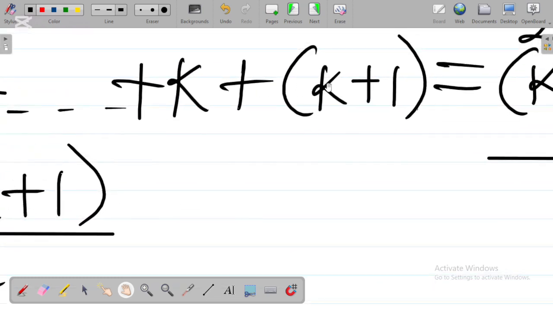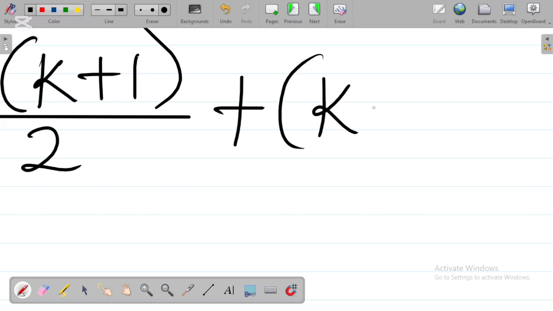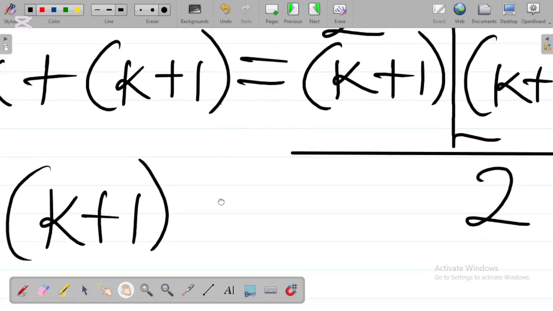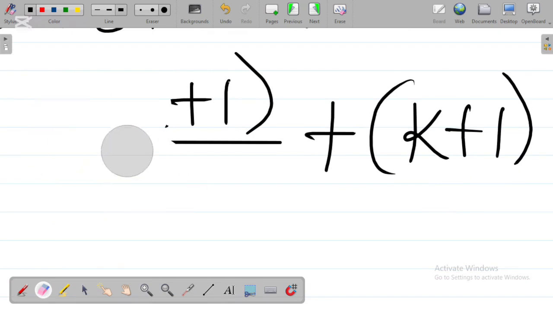So we have here plus k plus 1. Let me erase this because there's no space.